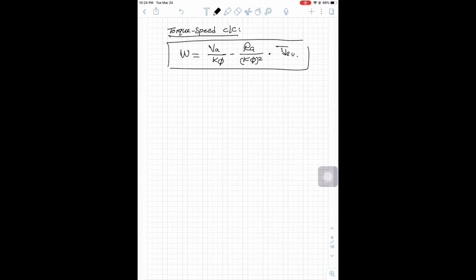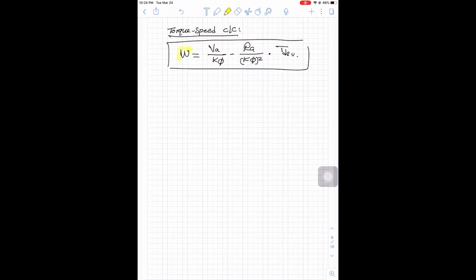Now let's see how we can do this. So if we go back to our torque speed characteristic, we have omega of the motor equal to VA divided by K phi minus RA divided by K phi all squared multiplied by T developed. This is our torque speed characteristic.